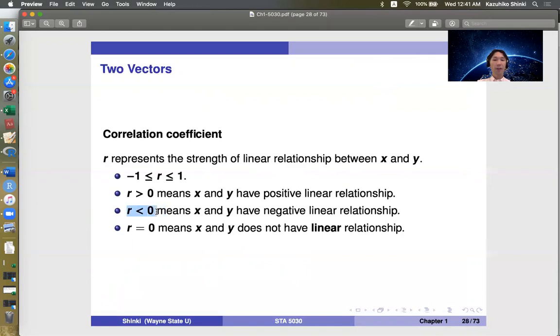If R is negative, it is the other way around: x increases, then y decreases. If R is equal to 0, then x and y do not have a linear relationship. It does not mean no relationship, but at least a larger x does not imply a larger or smaller y.